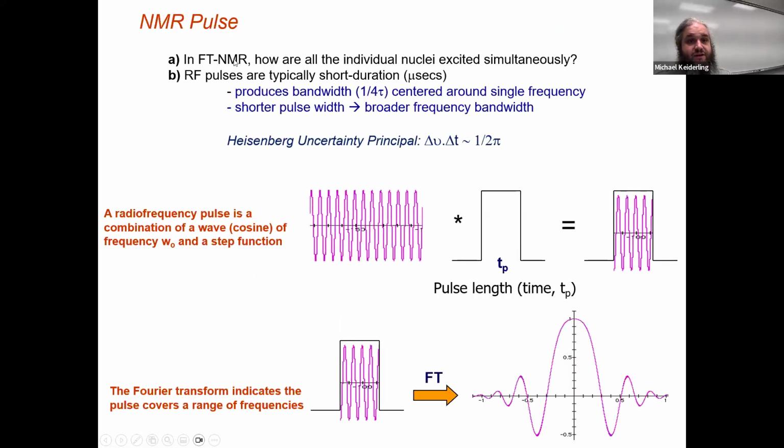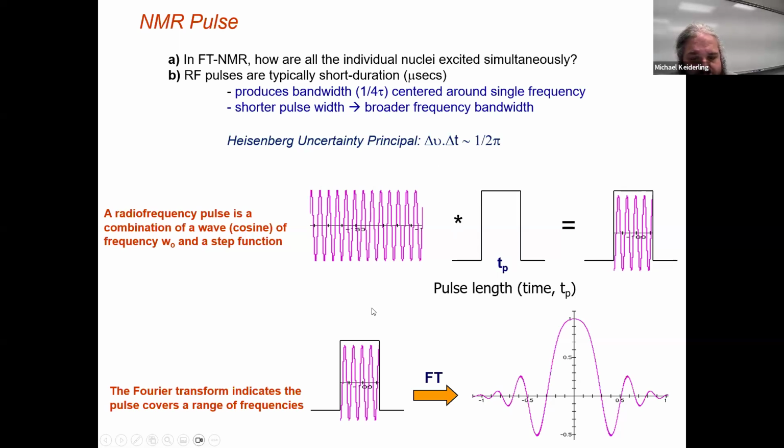In Fourier transform NMR, how are all the individual nuclei excited simultaneously? You have short duration RF pulses, which have a bandwidth around a single frequency that's about 1/4 times the pulse length. So a shorter pulse width will give you a broader frequency bandwidth.